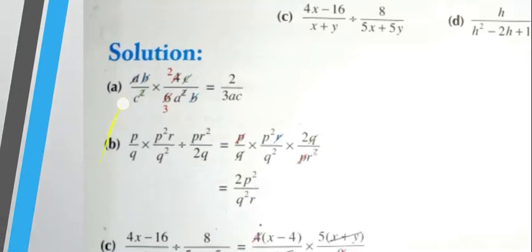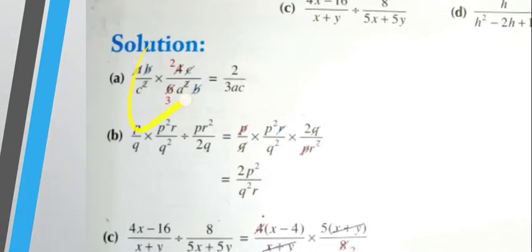So the A here is gone, while the A here, there's only one A left, right? A and A squared. When you cancel the A, this one will be gone and this one will become just A. That's why the answer only has A to the power of 1, just A.